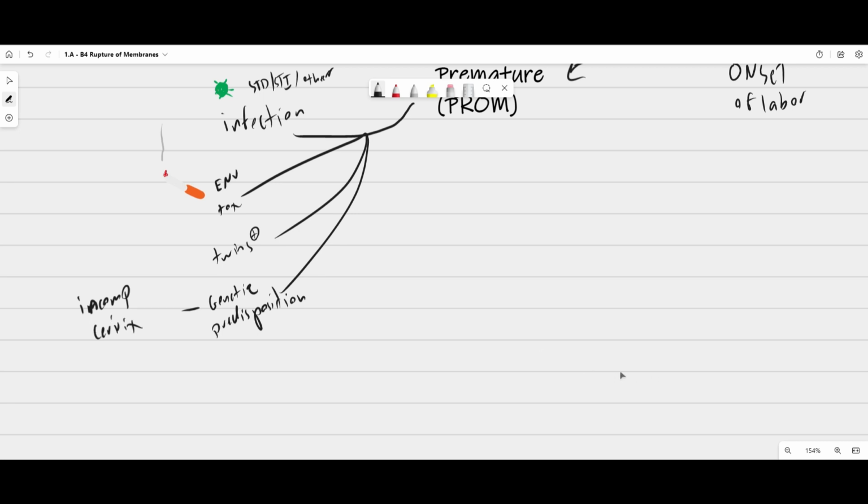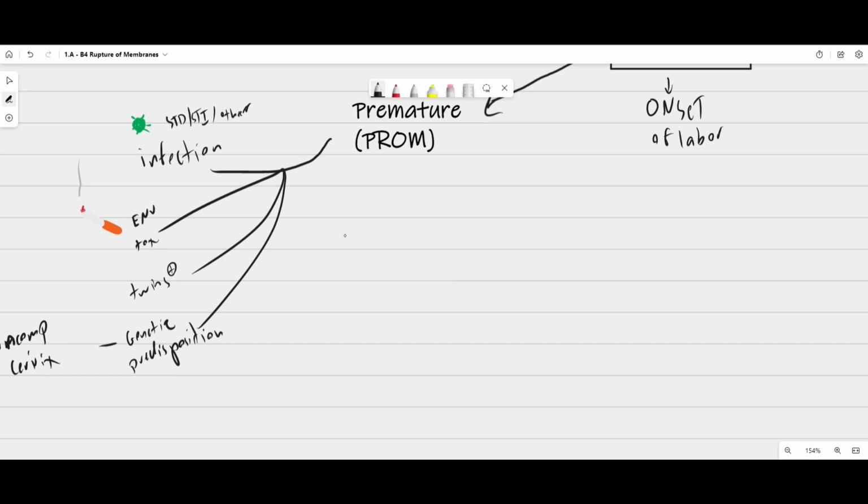It's one of the big ones there. So any of these things that can cause it are due to what's called accelerated membrane weakening. Anything that's going to cause that is going to lead to your premature rupture of membranes.